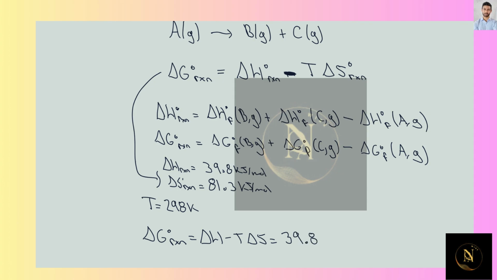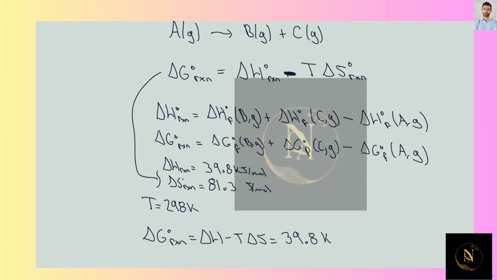39.8 kilojoules. Oh, sorry. Here the delta S of the reaction is given to you in joules per mole Kelvin. So we should do the calculation with everything in joules per mole and then turn back to kilojoules per mole.